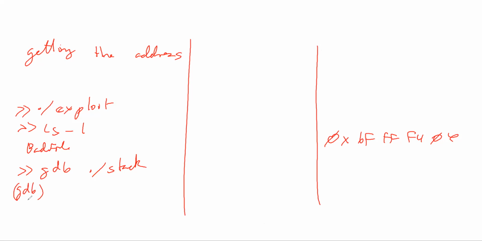So what was the command that you used to look for your name? You remember in the format string lab, you wrote a command to find what was around the stack, around the pointer. You wanted to find what's in there, where's my name. What was that command in GDB that you used for that? Anyone?